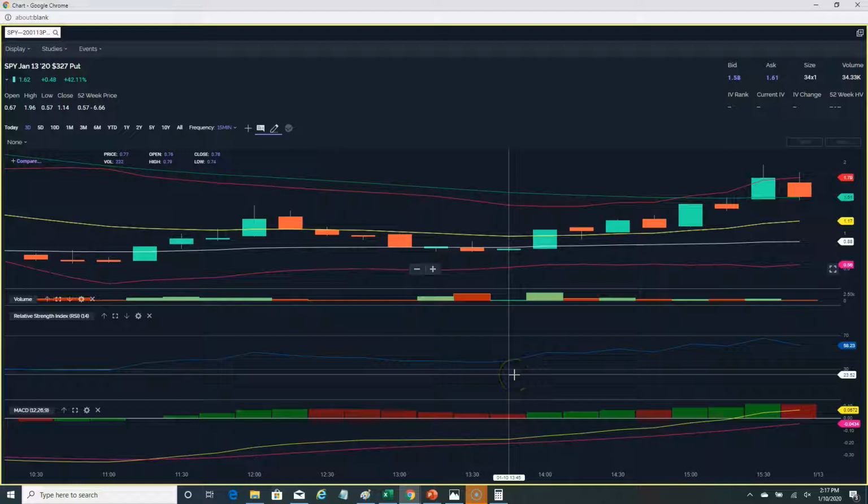So for the one expiring on Monday, we just looked at the one that expires this same Friday. The 327 puts on SPY were worth 74 cents at the low, 79 cents, 78 cents at close, this candle. And the reason we are taking that candle is because the time tells us that it matches the other chart at 1050 or 1350.